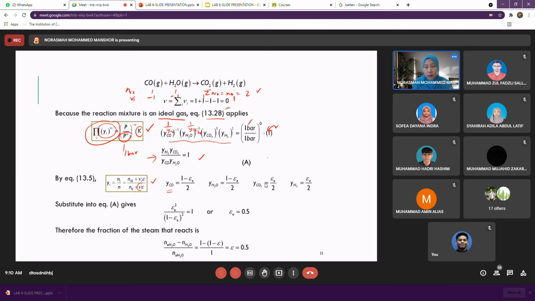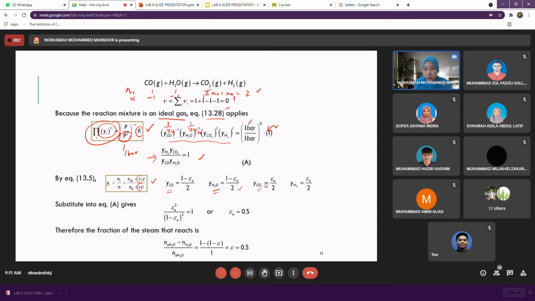And then for H2O, the initial mole is 1, the vi is -1, so you get 1 minus epsilon. The denominator, n naught, is the summation of ni naught, which is 2. v is zero, so the denominator is the same. And then for CO2, the initial mole was not given, so there is none. And then the vi for CO2 is 1.